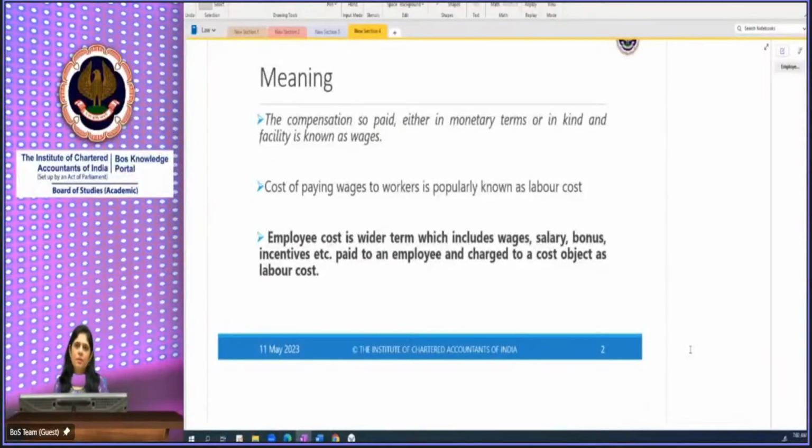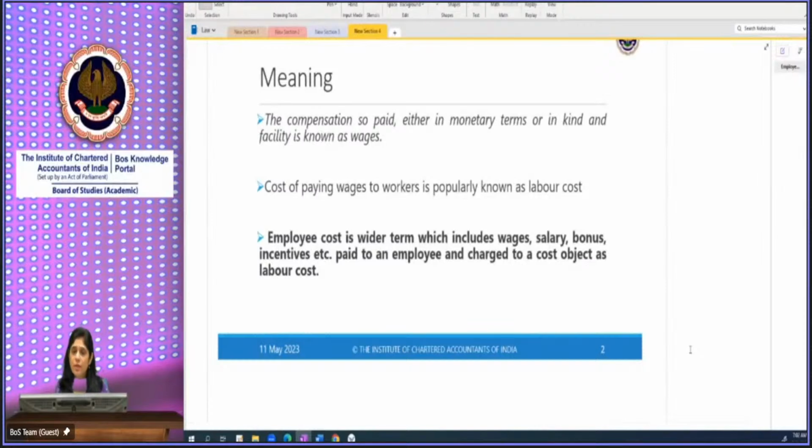Suppose the employer is paying me cash of rupees 100, but the employer is also giving me a bus facility and the employer is paying for that bus facility. I'm just getting the bus facility, but in cash, I'm getting only rupees 100. So that only 100 is not my salary.